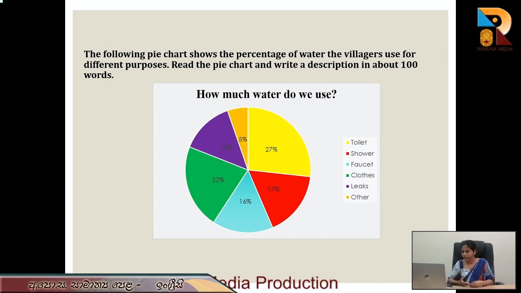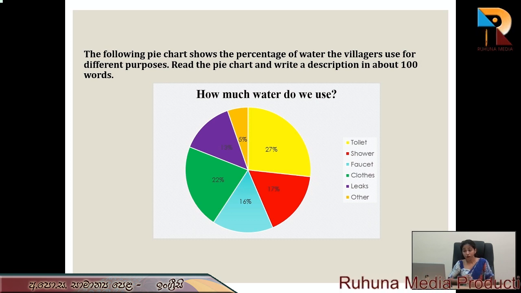And you can say from the pie chart, it is evident that the most amount of water is used for toilet purposes, and it is 27%. And 13% of water is wasted by leakages, and it is nearly half the percentage of water used for toilet purposes. And in addition, only a small minority of 5% of water is used for other purposes.